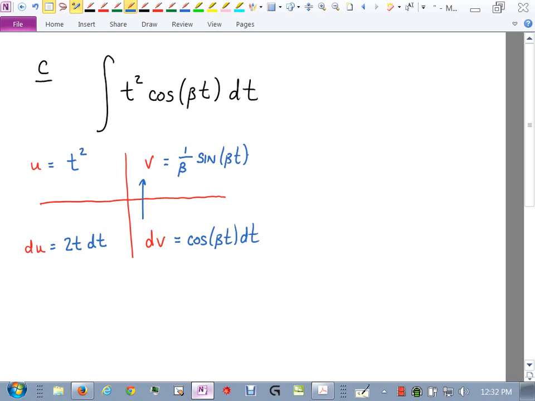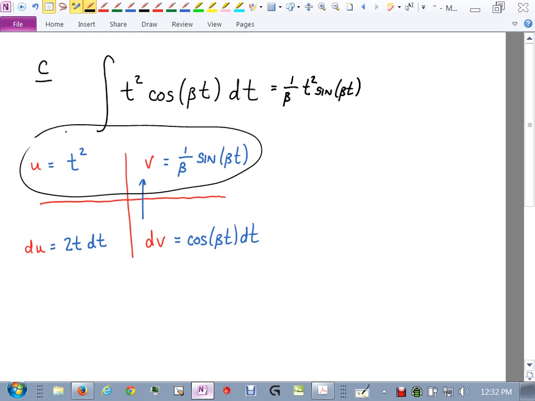Question? Ultraviolet minus voodoo? So this is, ultraviolet would be 1 over beta t squared sine beta t. That's ultraviolet. It's this part. Minus voodoo, which is this.